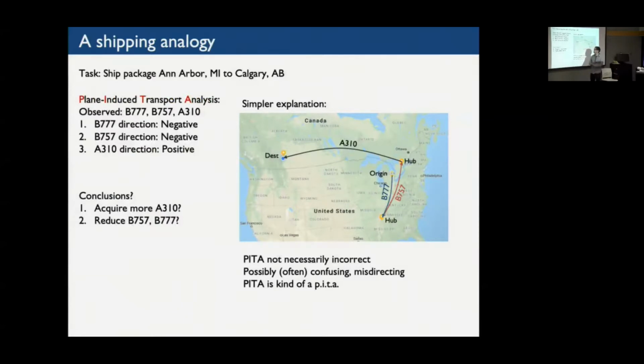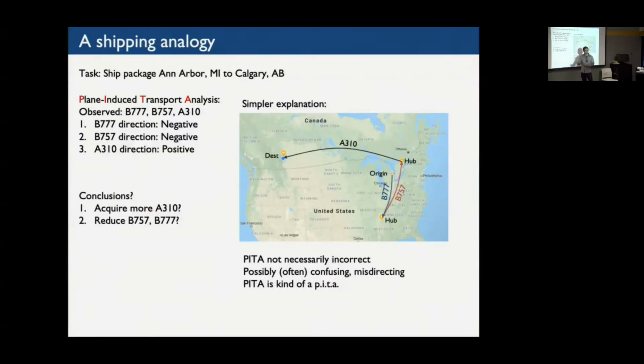The observation is that I see a Boeing 777 used in one segment, then a 757, then an Airbus 310. And from that analysis, I discovered that the 777 always goes in the wrong direction. It's in the negative direction of going towards Calgary. The 757 also goes in the negative direction, and the A310 goes in the positive direction. This is true information from my analysis.